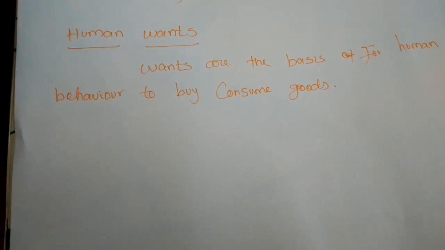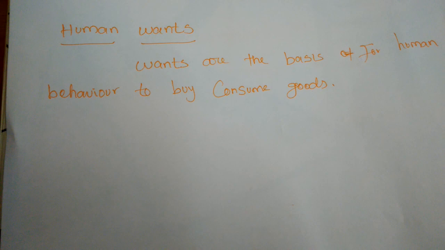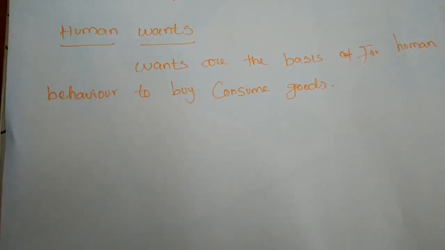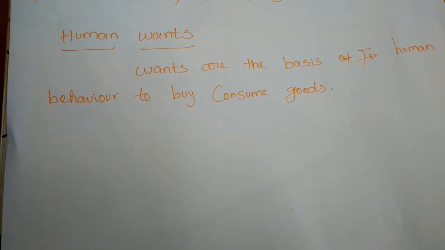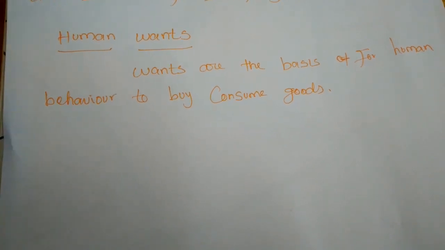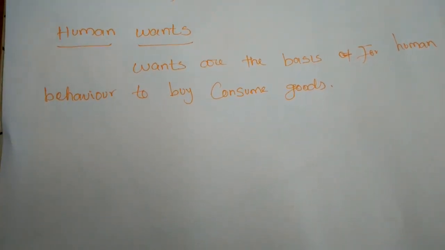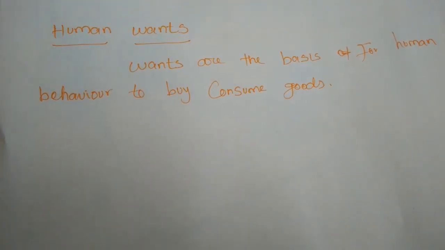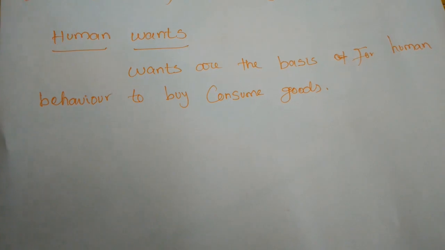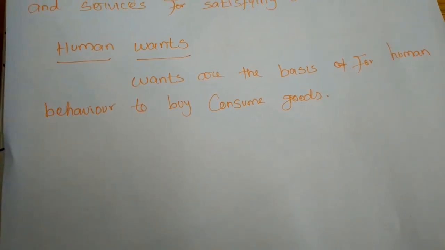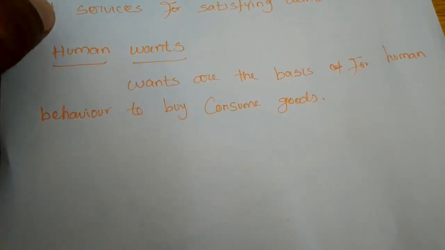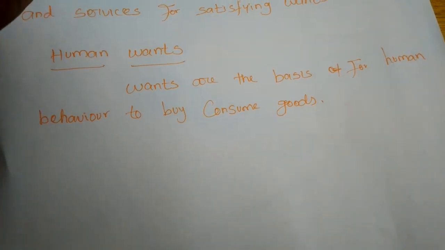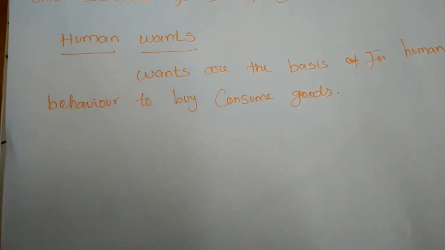For one day or one week, if you simply sit without doing anything, even without wanting a cup of water, a drop of water, will you do anything? No. Simply you will sit or sleep. Even if you want to sleep, you need some floor or a blanket, right? So in economics, wants are the basis for human behavior to buy and consume goods.